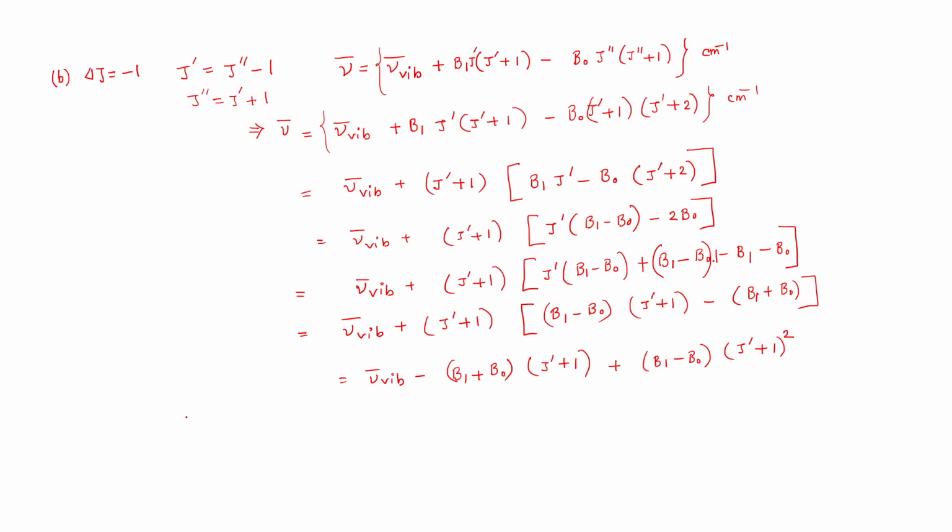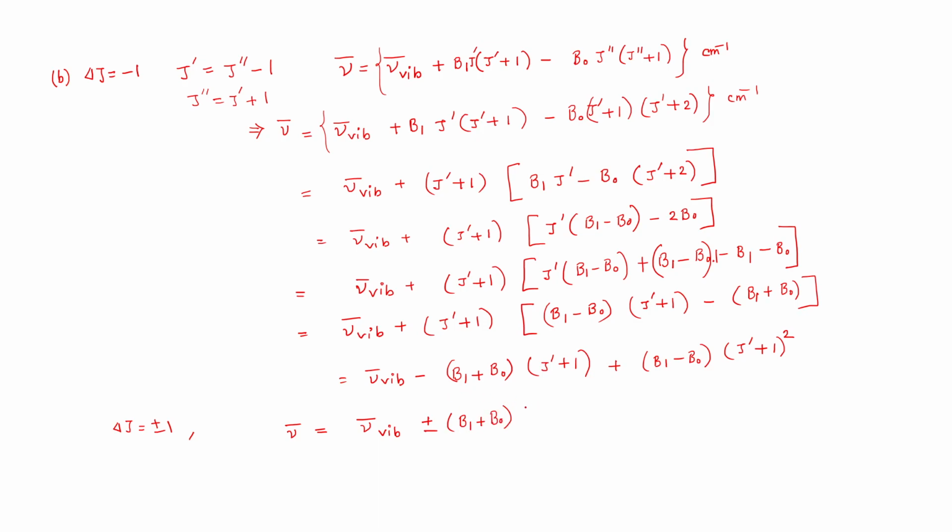So for delta J plus minus 1, writing both cases together, nu bar vibration plus minus B1 plus B0. Same thing, right?